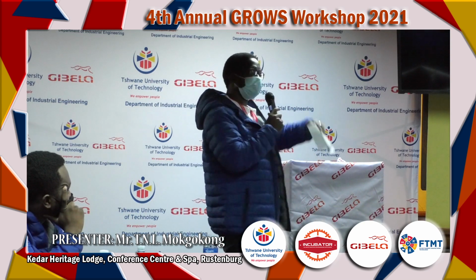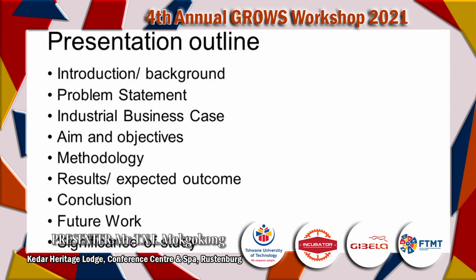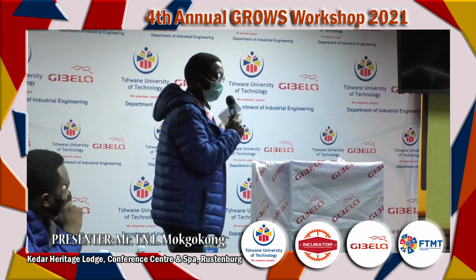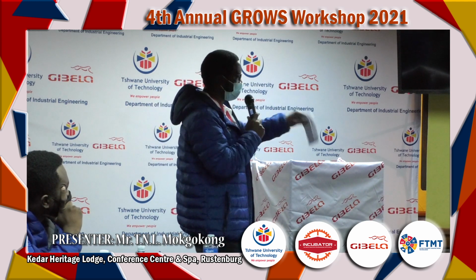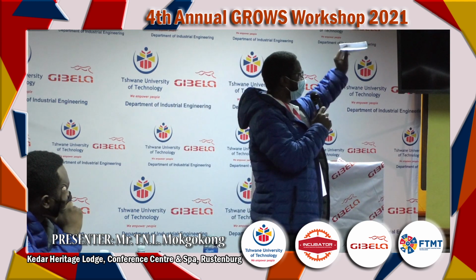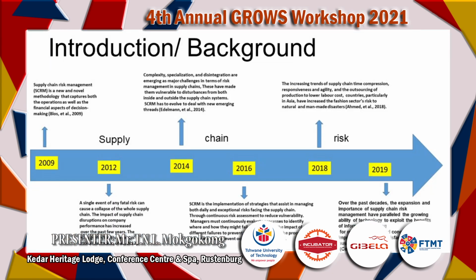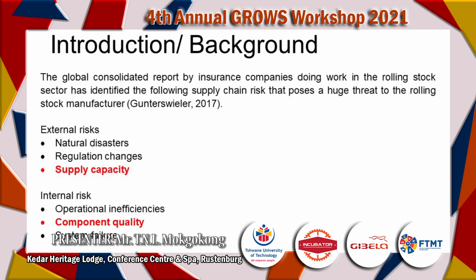If you look at the global scale of where South Africa fits in the entire rail industry, it is dominated by players from China, with other players from Australia, India, the Americas and some in Europe. The challenges or risks faced by rolling stock manufacturers globally are categorized as external and internal.